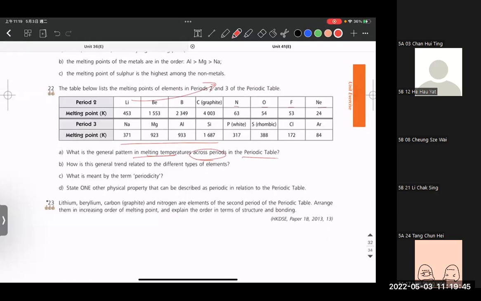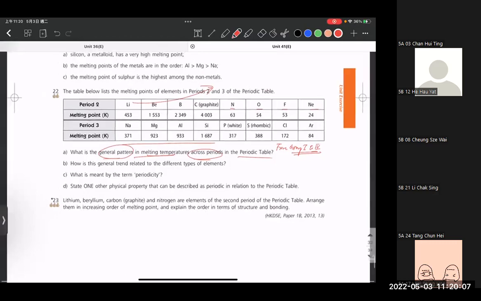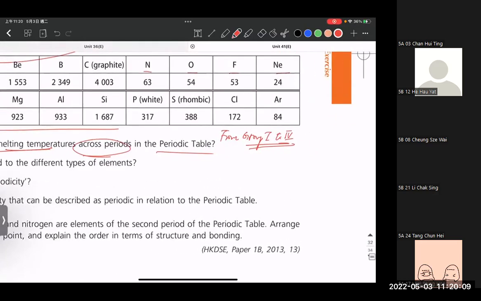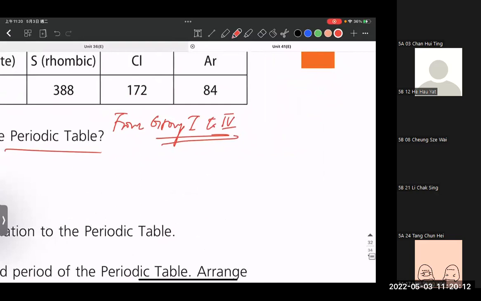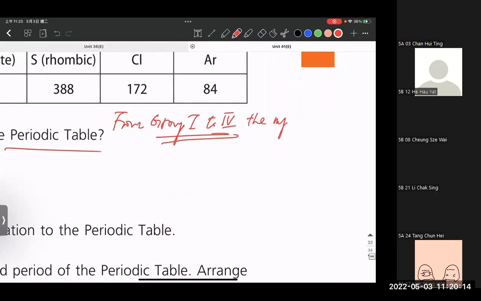Whenever you describe the trend of the variation of melting point, you need to mention it by writing like from group 1 to group 4, not merely telling increasing or decreasing, because it's not so absolute across the 8 elements. It gives you some variation in between. So you write down from where to where the melting point increases.